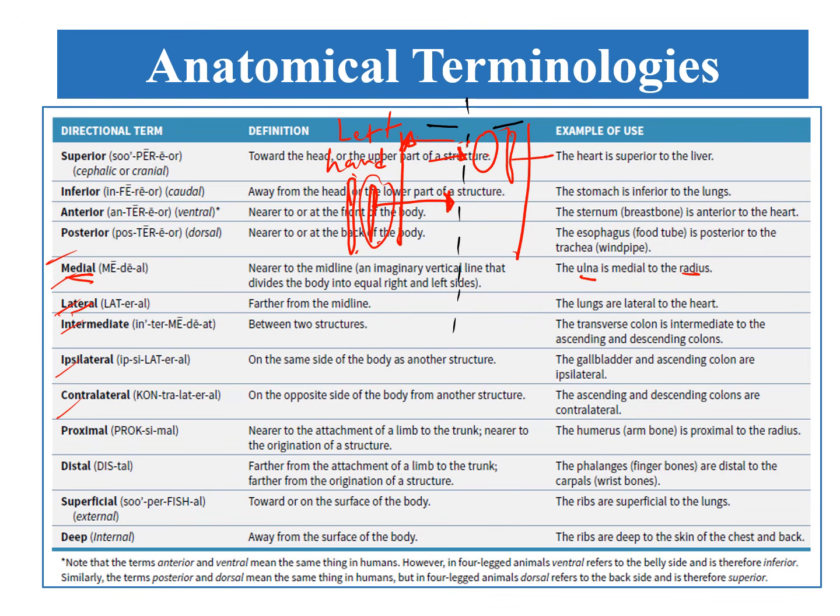So those two structures are ipsilateral. Another example used here is the gallbladder and the ascending colon, which are ipsilateral, meaning they're on the same side of the body. The word contralateral means that they are on the opposite side of the body. The ascending colon and the descending colon are on different sides of the body, so they are contralateral to one another. These are some of the terminologies that were not discussed thus far.